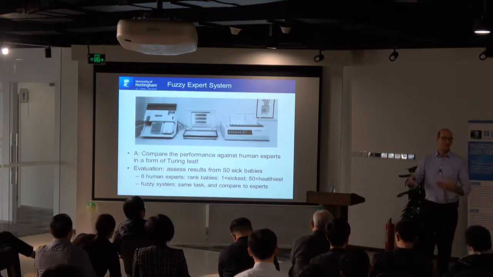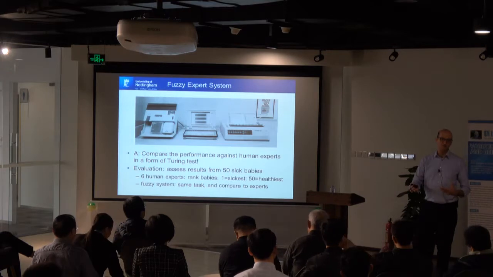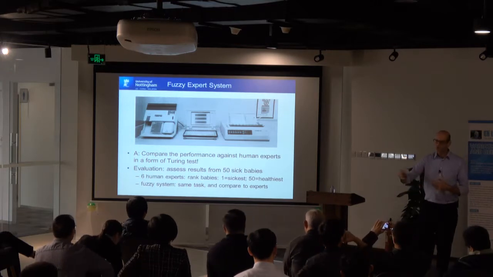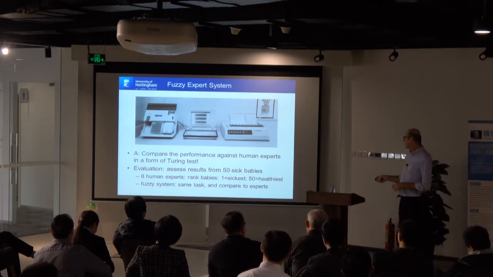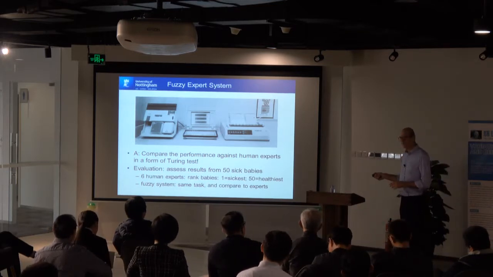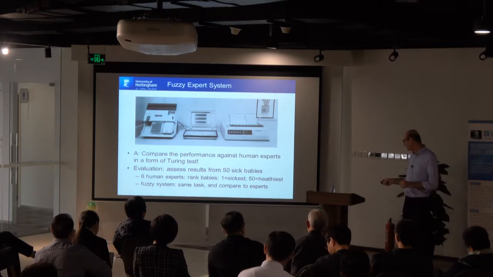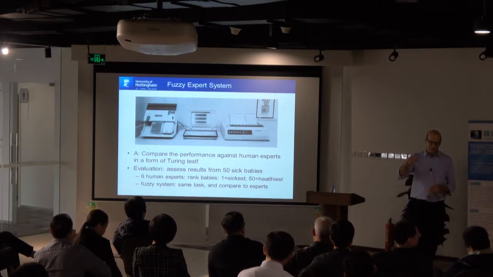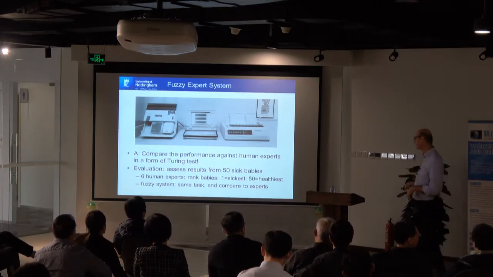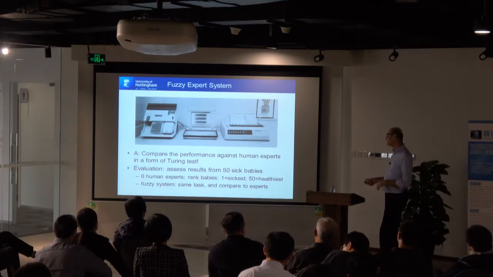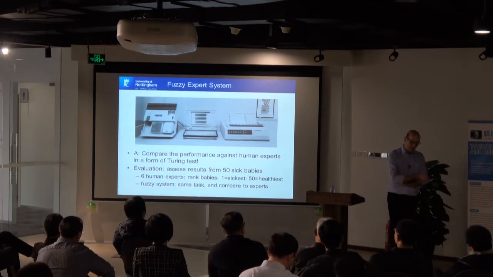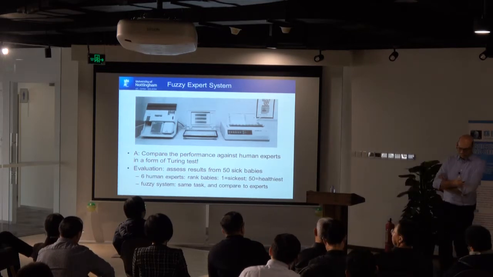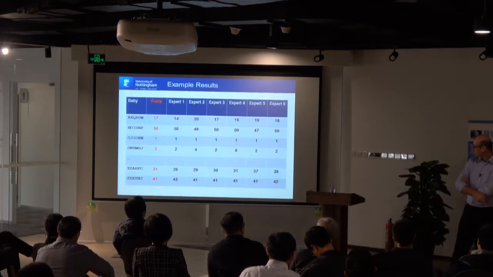There was no arbitrary scale on this, so I asked them to just put them in order. So 1 means the sickest baby, and 50 means the healthiest baby. And I gave the same task to my fuzzy system, and I was going to compare my fuzzy system to my experts, thinking I'd get the same answer as my experts.